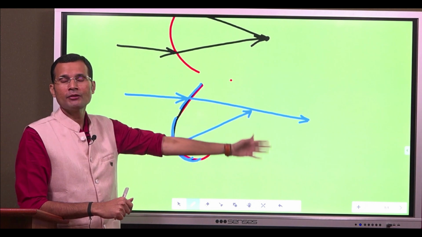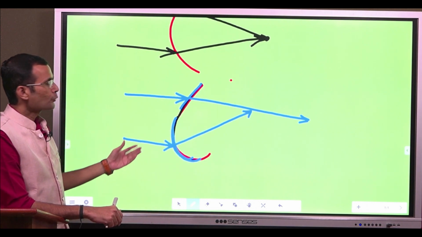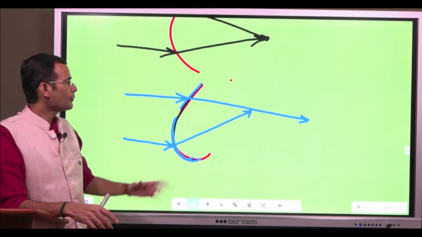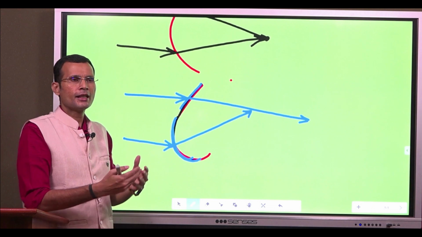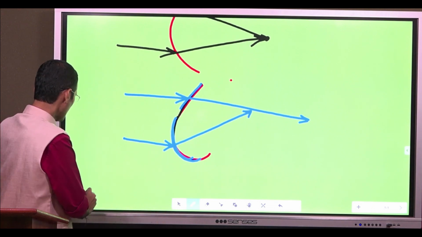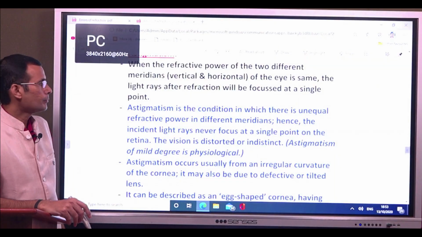Image formation can never happen on the retina, there will always be a blurred image. That is why it is very commonly described as the egg-shaped cornea, or even this can happen with the lens. So, that's basically the defect in astigmatism.